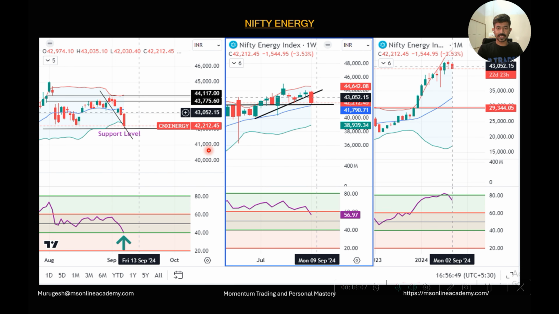Nifty Energy just came below 60 and is taking support at 40. If it makes any green candle over here, then there will be a bounce back to the all-time high again. Nifty Energy also for the long side.